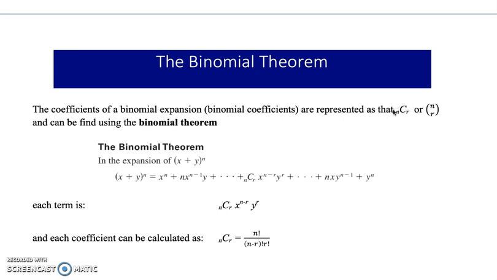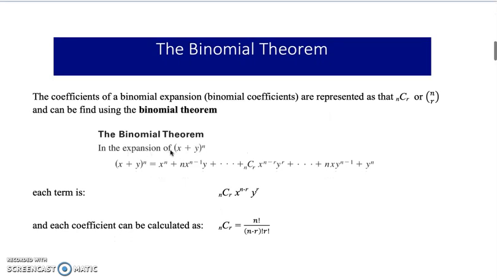This is read as n choose r, or in this other notation that we will not use that much anyway. The binomial theorem tells us that in the expansion of x plus y to the power of n, each term is made of a coefficient, n choose r, x to the power of n minus r, and y to the power of r.